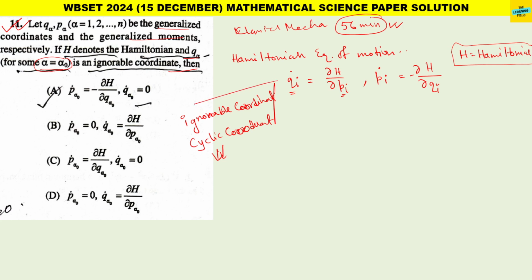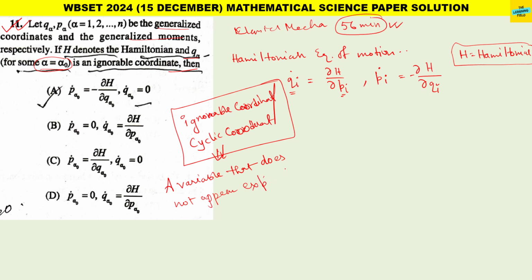This ignorable or cyclic coordinate means a variable that does not appear explicitly in the Lagrangian or Hamiltonian.